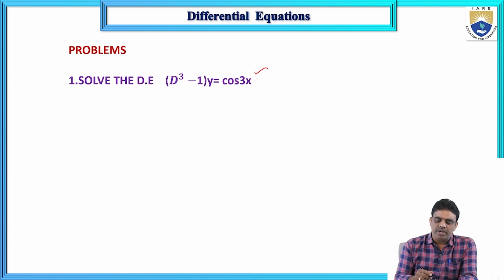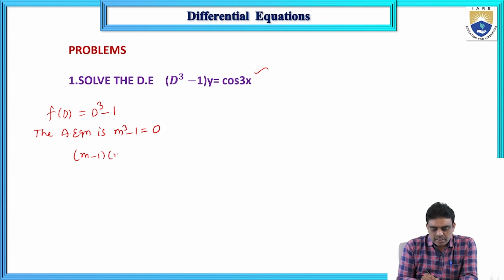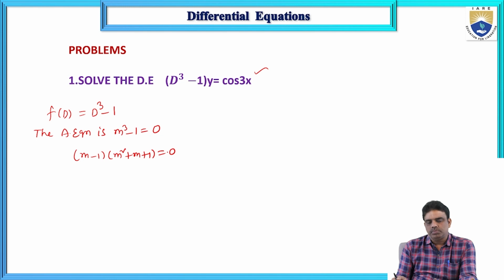In any problem, we have to find the complementary function as usual. So here, what is f of d? Here f of d is d cube minus 1. Now to find the complementary function, I write the auxiliary equation: m cube minus 1 is equal to 0. So m cube minus 1 means m minus 1 into m square plus m plus 1 is equal to 0.